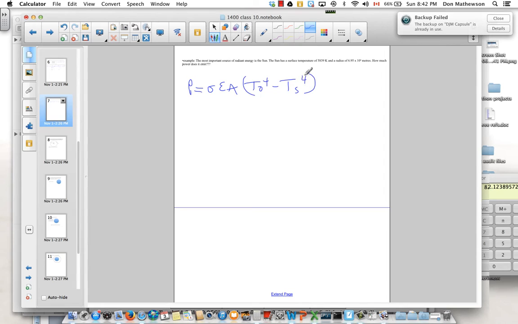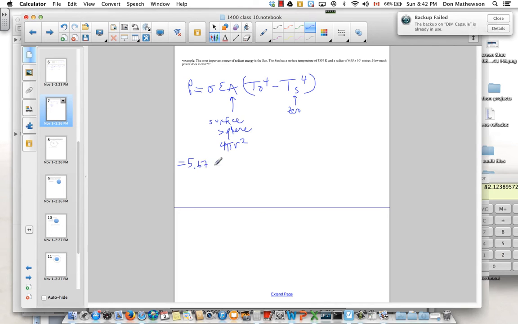The temperature of the surroundings, well, space is basically at 0. If you know a little bit about astronomy, you know it's actually 3 Kelvin, but that's so small that we can ignore it. And the radius is useful because the surface of a sun will be a sphere, and the surface area of a sphere is 4 pi r squared. So we need to know the radius of the sun. This will be a big long calculation.